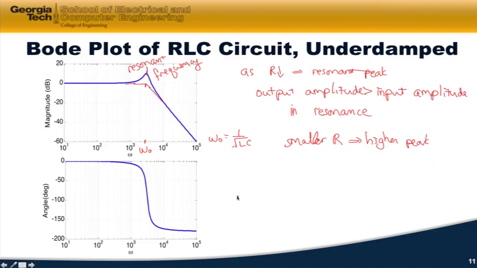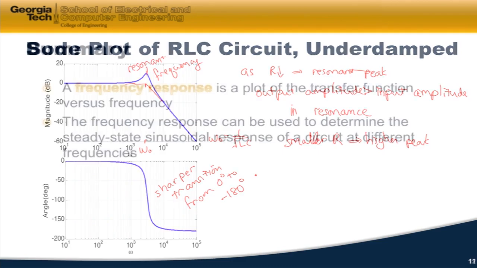The only difference is that as R gets smaller, the phase transition becomes sharper. And again, we're going from 0 degrees to minus 180 degrees on the angle. So that's the underdamped case, whenever we got this peak there.